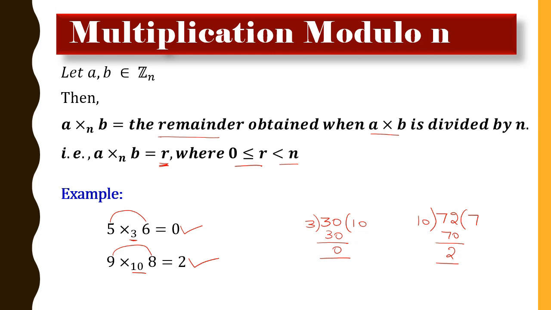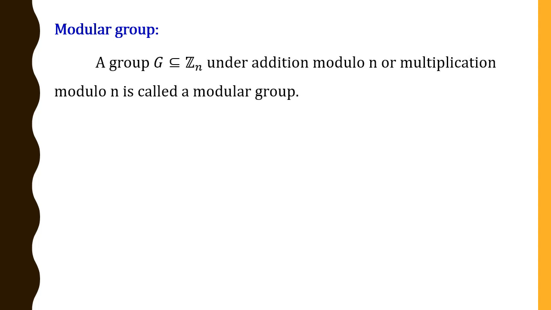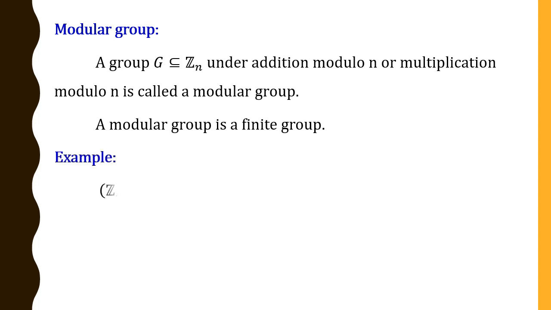Similarly, you can consider other examples also. Now we shall define what is a modular group. A group G which is subset of Zn under the binary operation addition modulo n or multiplication modulo n is called a modular group. A modular group is always a finite group. For example, Z4 under addition modulo 4 is a group.